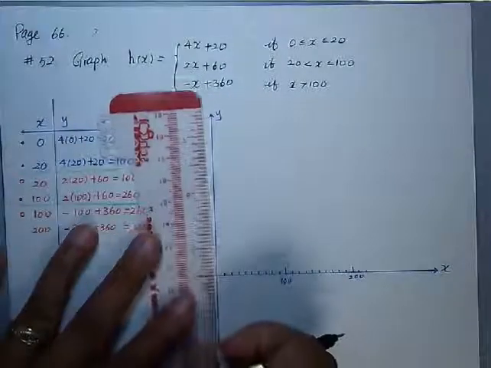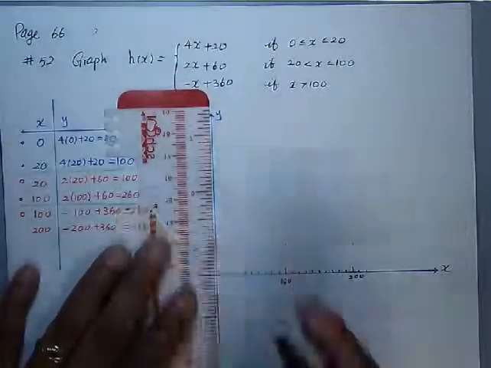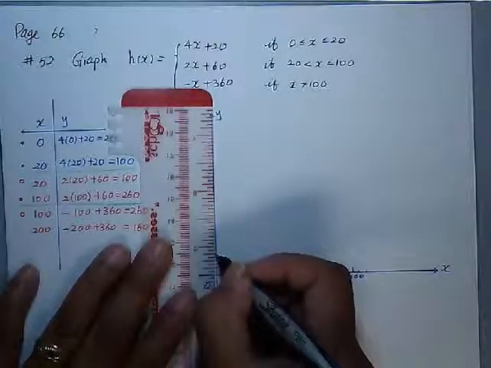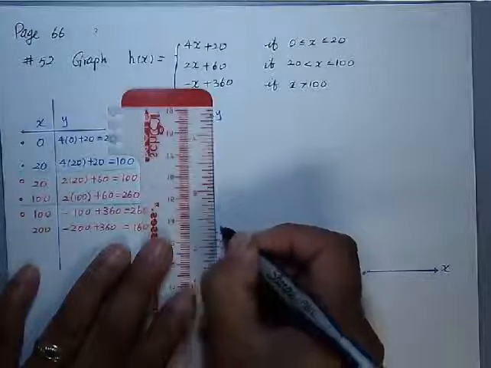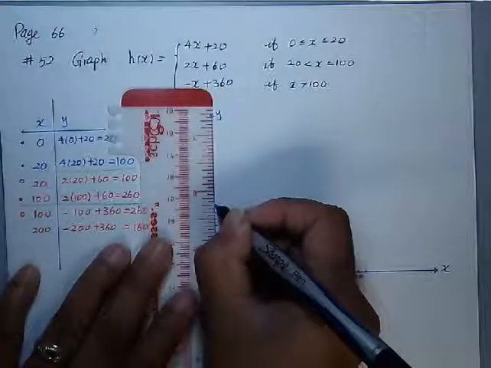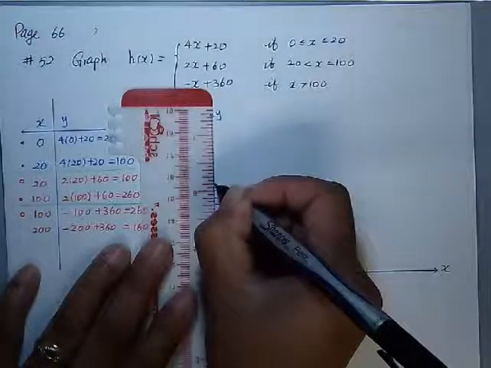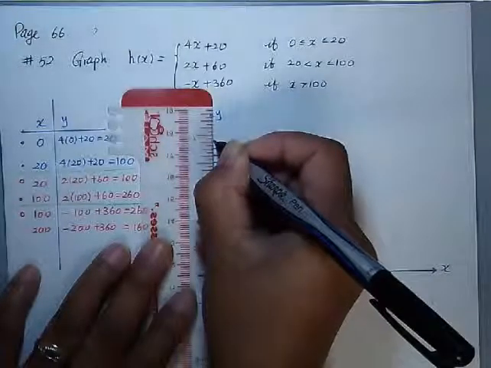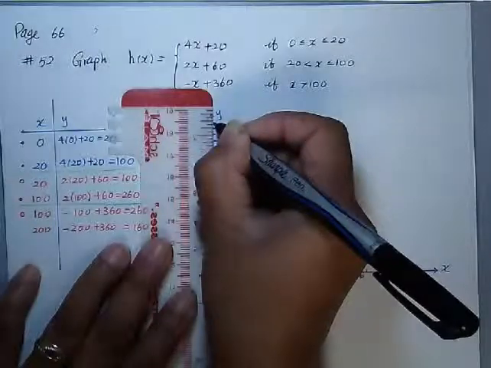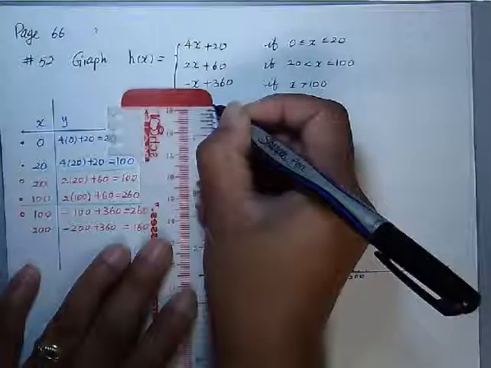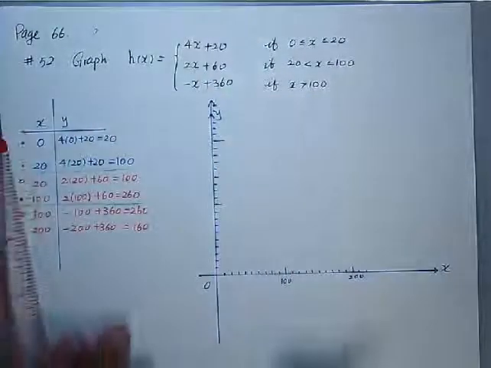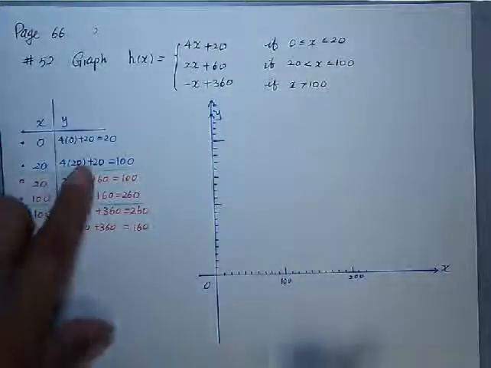And for the y-axis I will have 300 over there. So 100. Okay, so the first point is 0, 20.